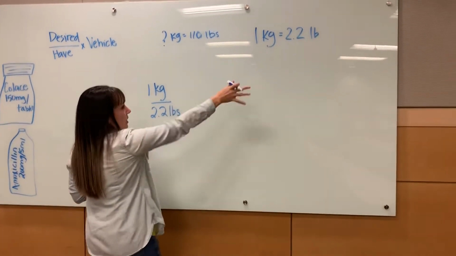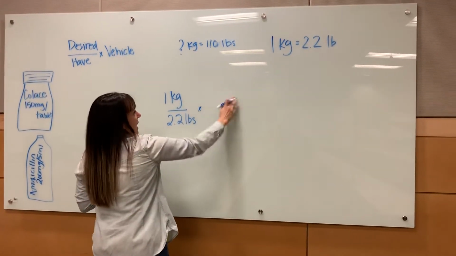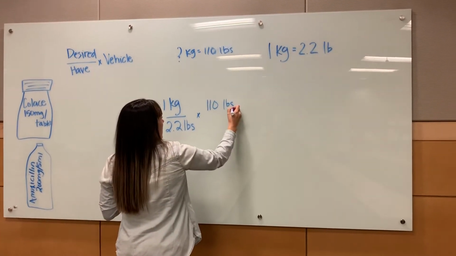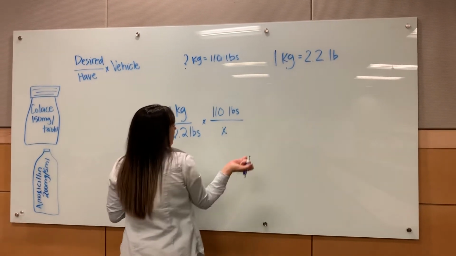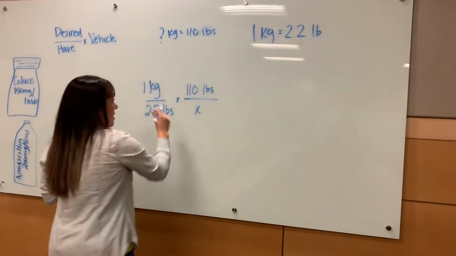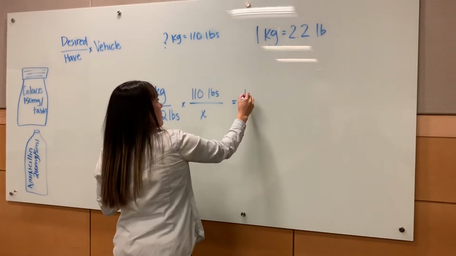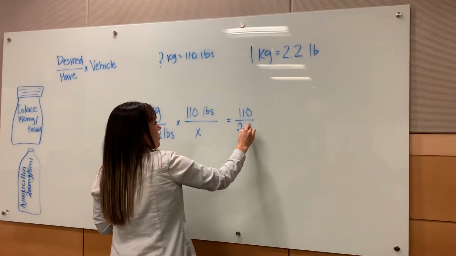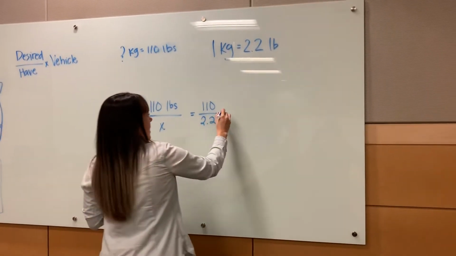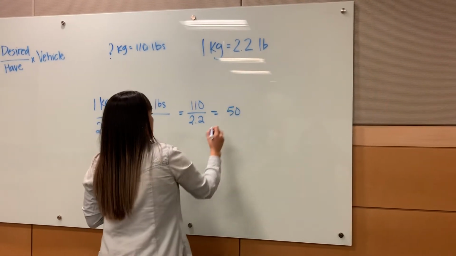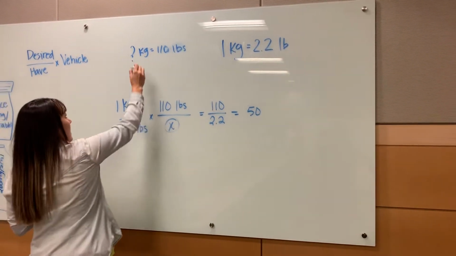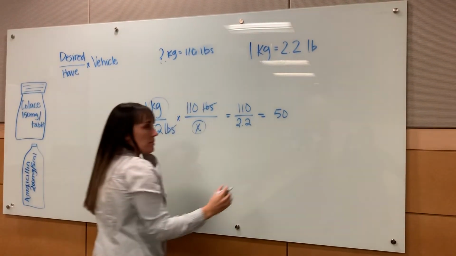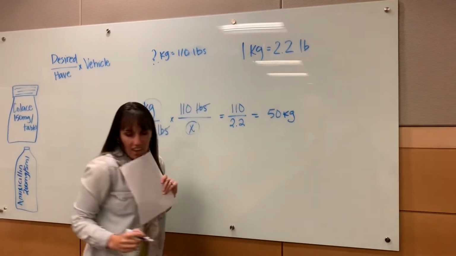Now again, I want to get rid of the pounds, and so I'm going to keep my pounds up here so that I can cross multiply. 110 pounds over X, because we want to know how many kilograms. So now we times across the top, 110, and we times across the bottom, 2.2, because that's a 1, and we end up also with 50. Well, 50 what? What's this X? Kilogram. Or we could say, what's left over? The kilograms. Okay. All right.